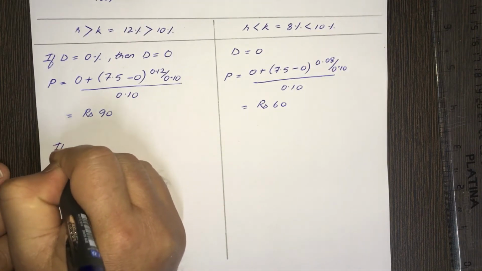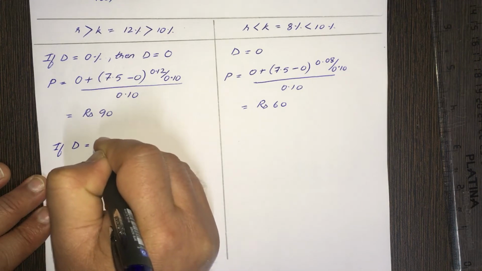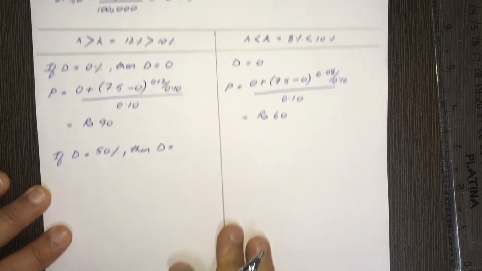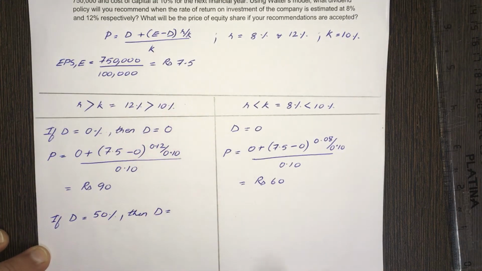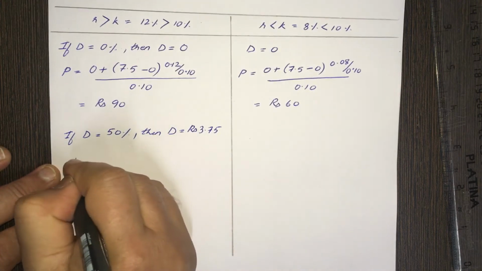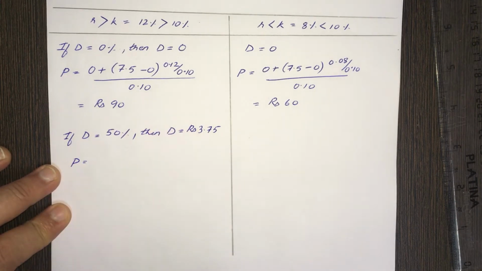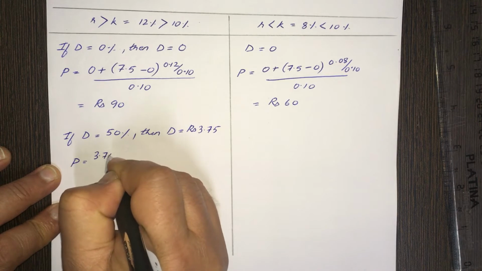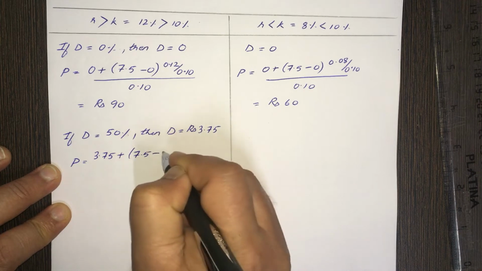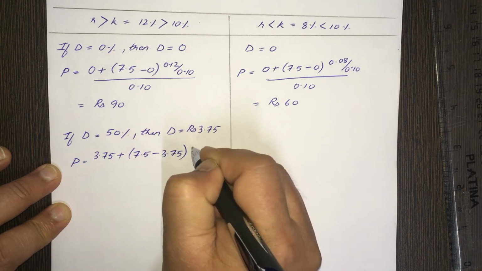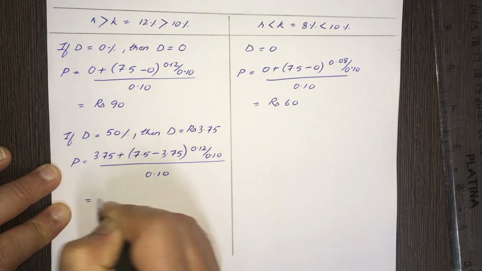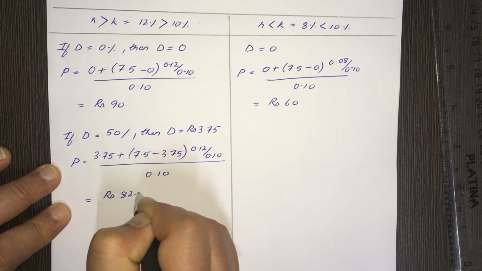Now, assume another rate where the dividend payout ratio is 50% now. Then the value of D will be 50% of what? 50% of 7.5, which equals to rupees 3.75. So P is equal to 3.75 plus 7.5 minus 3.75 into 0.12, the whole thing divided by 0.10, which equals to rupees 82.5.